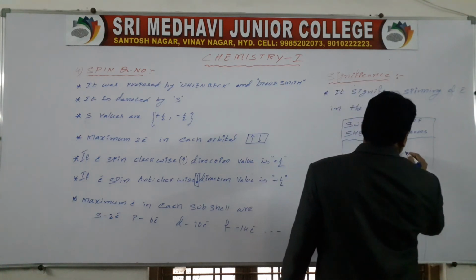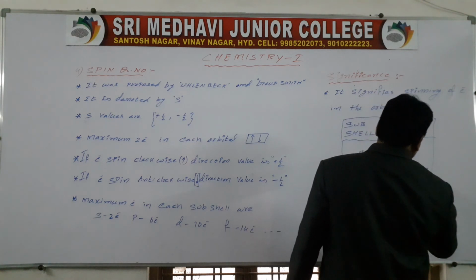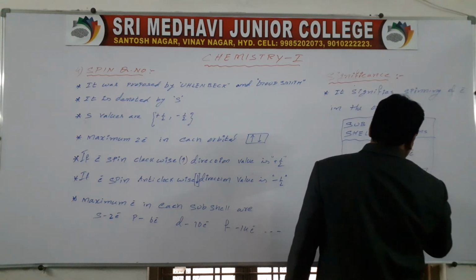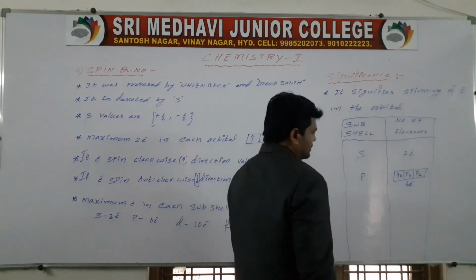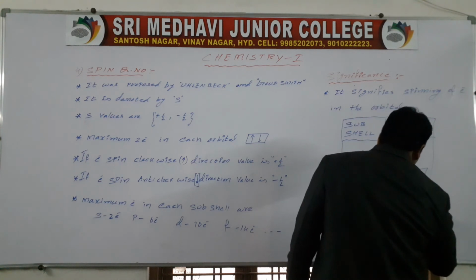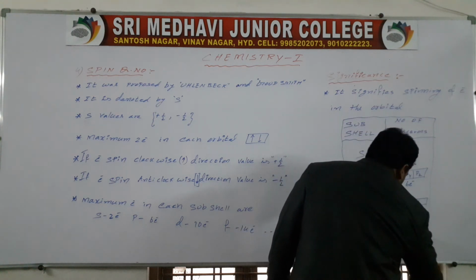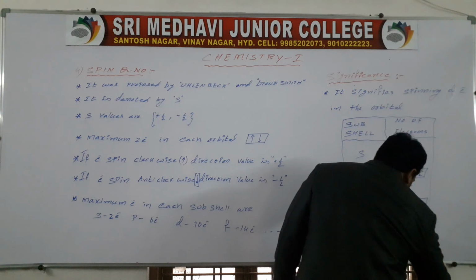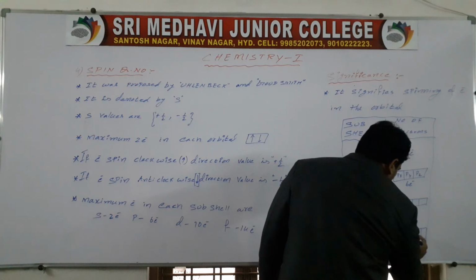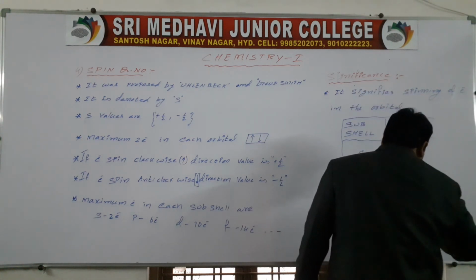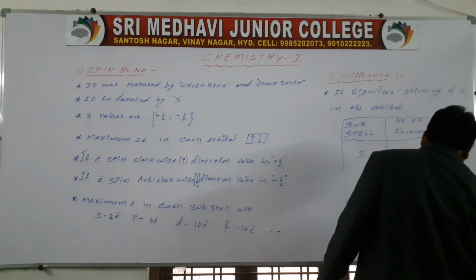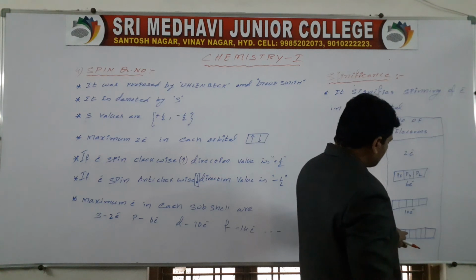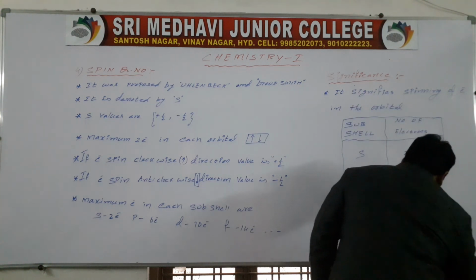So S 2 electrons, P with Px, Py, Pz 6 electrons, D with 1, 2, 3, 4, 5 orbitals 10 electrons, F with 1, 2, 3, 4, 5, 6, 7 orbitals 14 electrons.